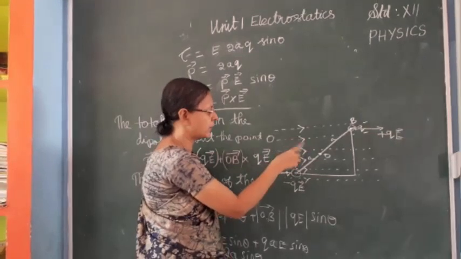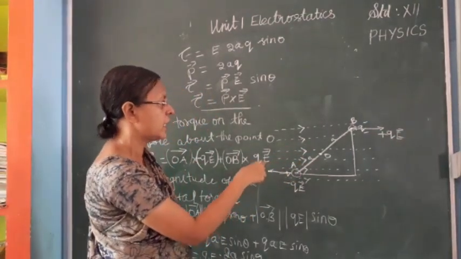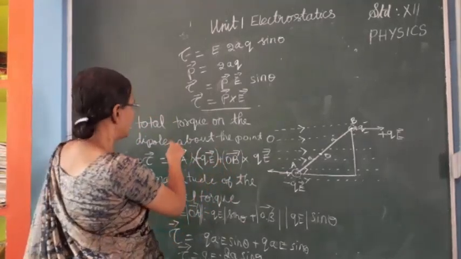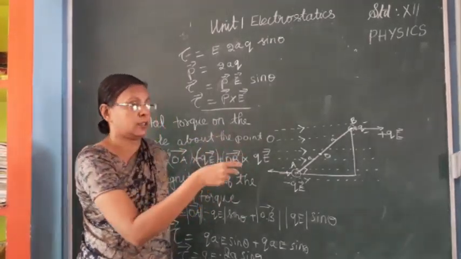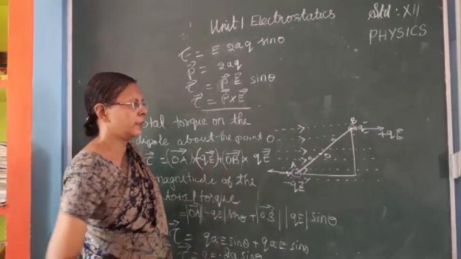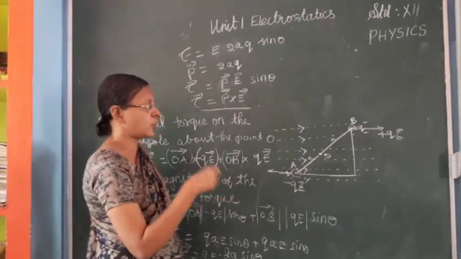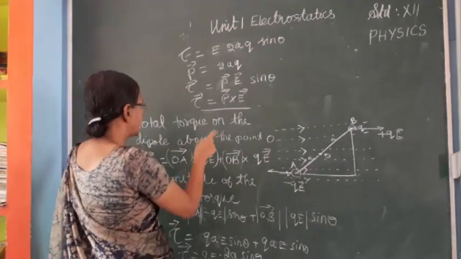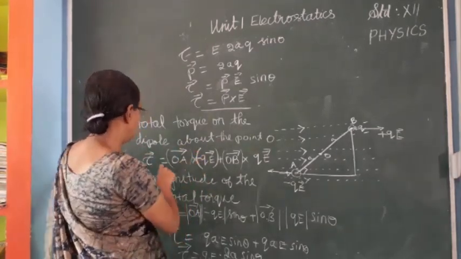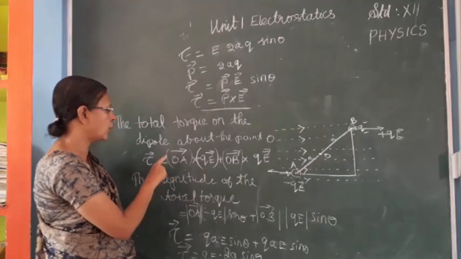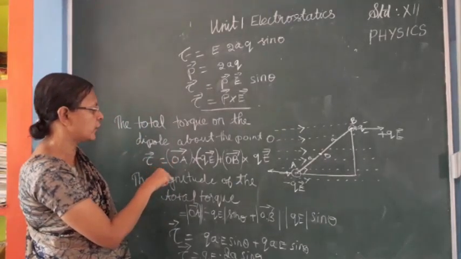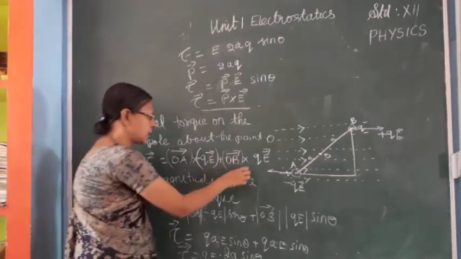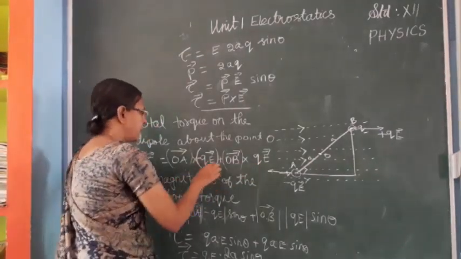The forces are opposite in direction, so they produce a torque. The total torque on the dipole, tau vector, is OA vector cross minus QE vector plus OB vector cross QE vector. These two are cross products.